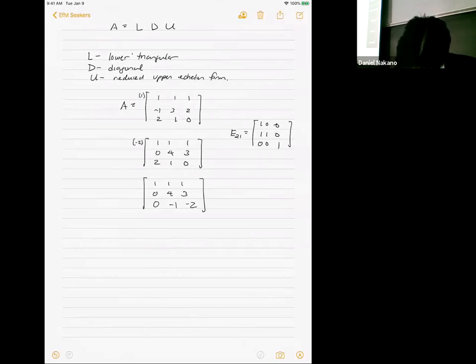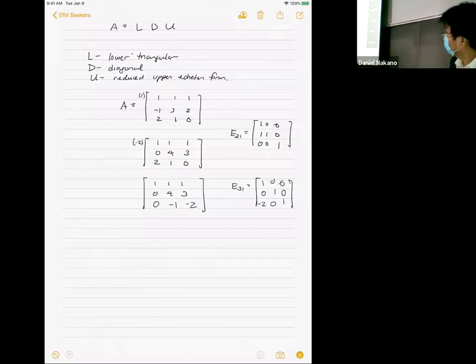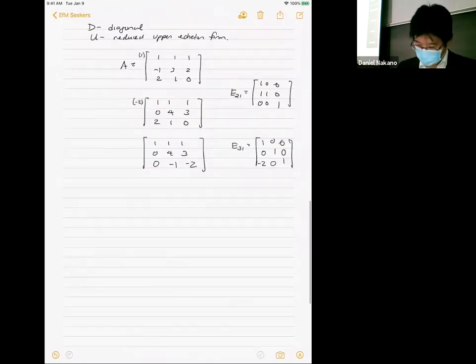All right, so that's E31, which is 1, 1, 1, 0 here, and then the multiplier is -2 and a 0. Okay, so that's the elementary matrix we multiply by the second matrix to get the third matrix.